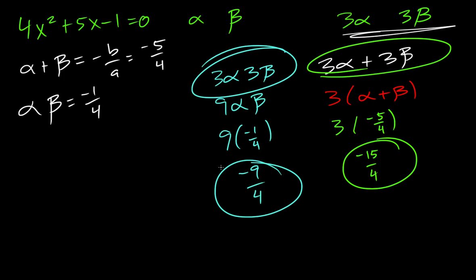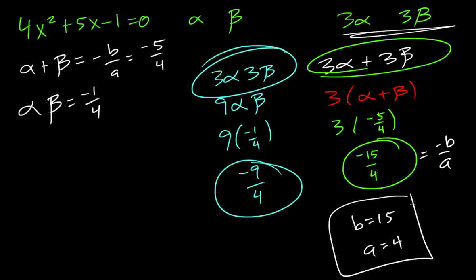So we know that if we look at the addition one, it's supposed to be equal to negative b over a. And so we could say that b is equal to 15, and we could say that a is equal to 4. Now if we look at this one, it's supposed to be equal to c over a.